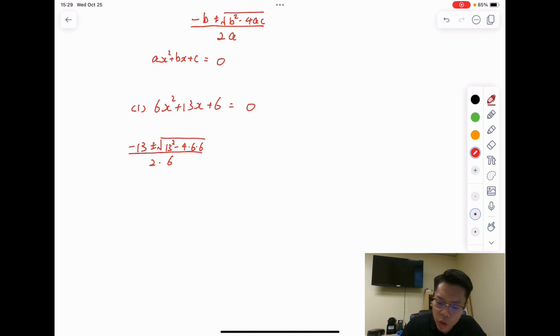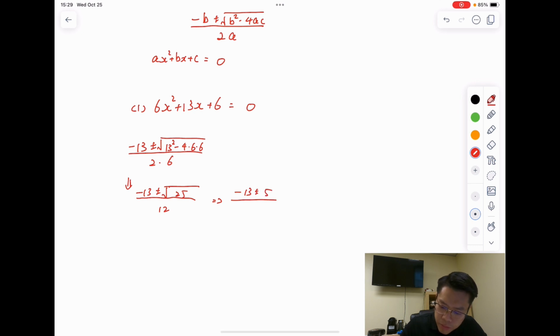So our answer, if we do the calculation, would be negative 13 plus or minus the root of 25, over 12. That is negative 13 plus or minus 5 over 12. Once we simplify everything, the first answer will be negative 2 over 3. The next answer will be negative 3 over 2.